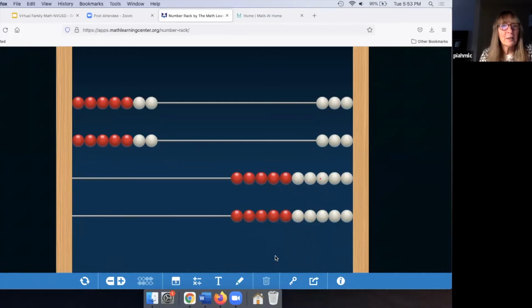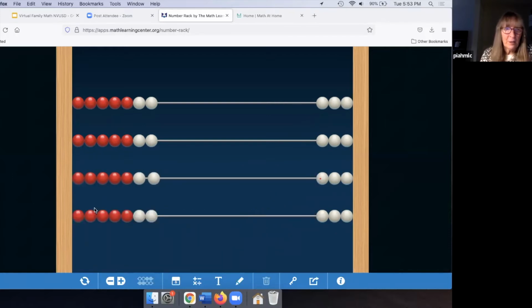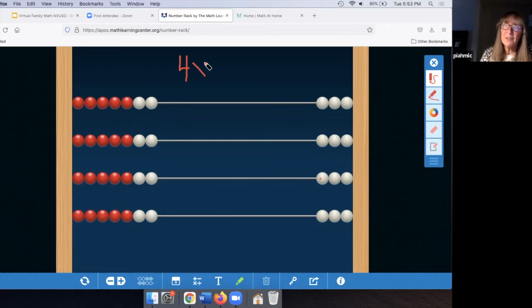And the fact that they were stuck on was 4 times 7. So quickly, we built 4 rows of 7.